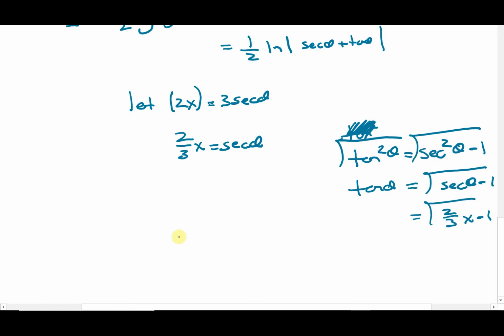So therefore, the integral equals 1/2 ln of 2 over 3x plus the square root of (2 over 3x) squared minus 1. And there we have it.